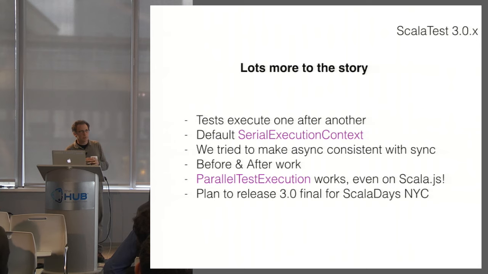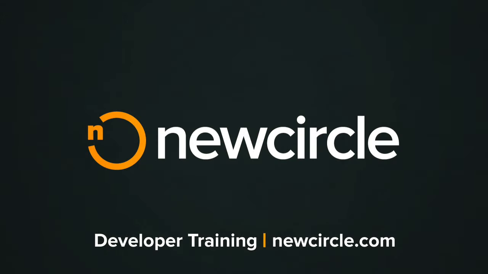And the reason is if I didn't do that, in other words, if you always use the global execution context as the default or something, you could get in a situation where 500 tests start at once because there's nothing throttling them. And then you get so many going that they time out, right? So even if you use this, it still might be blocking a little bit behind the scenes to throttle how many tests are running at the same time.